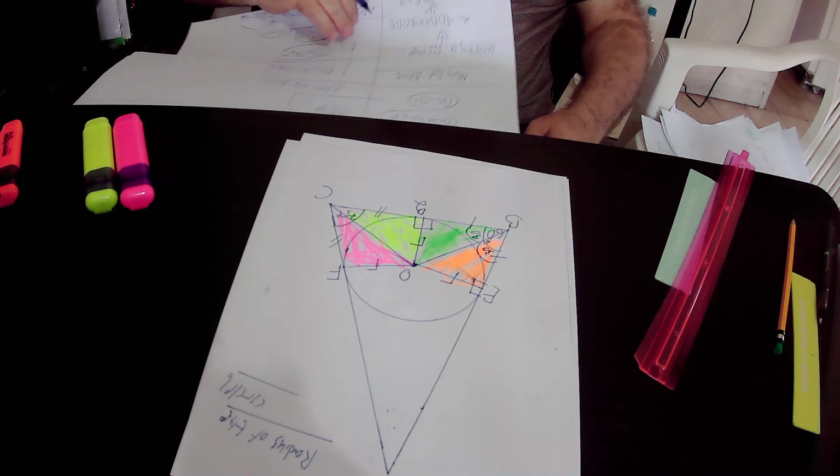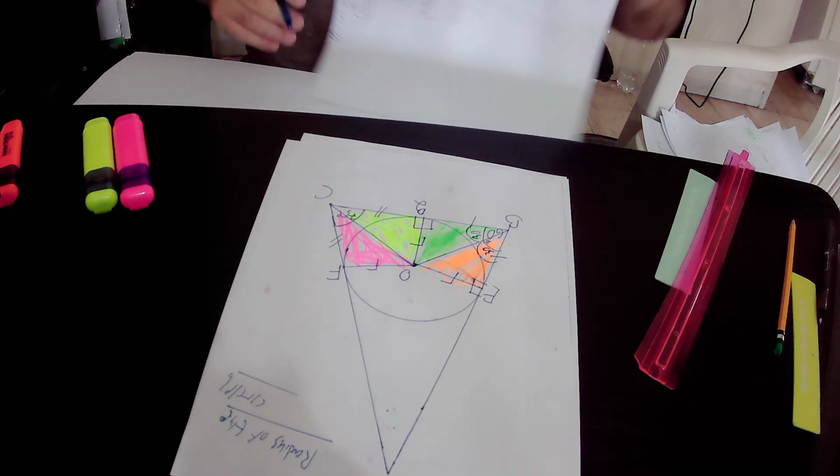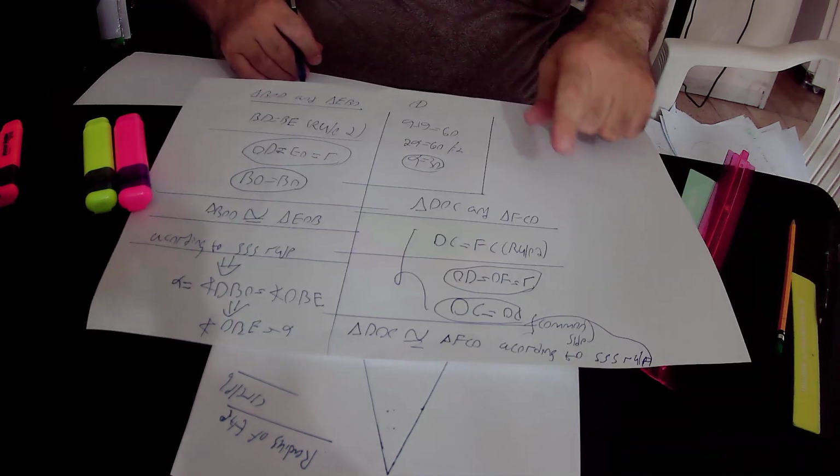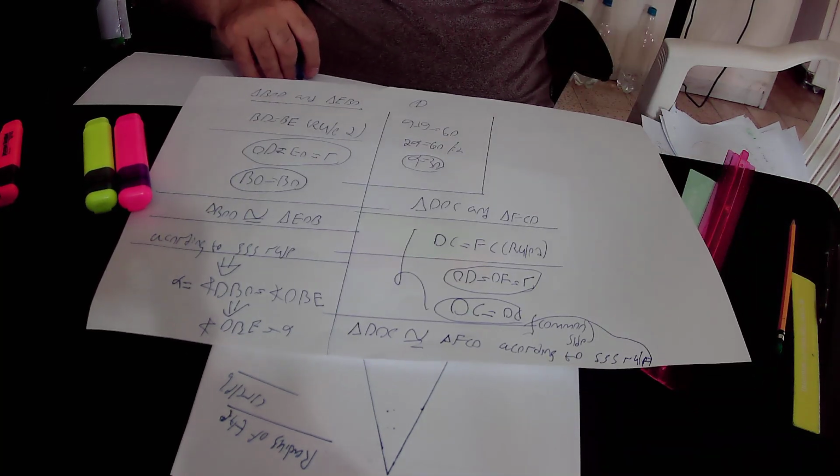The yellow triangle is congruent to the pink triangle according to the side rule.